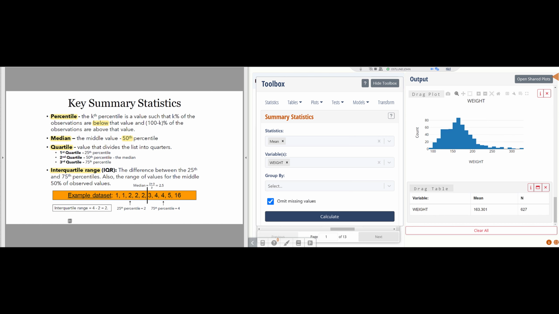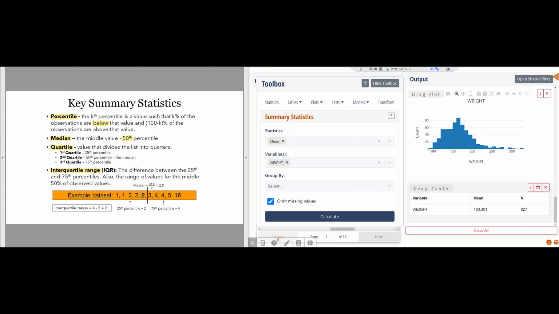that vicinity. As a much simpler example, let's suppose that we have this example data set, maybe of scores on a quiz or something like that. If we sort the scores and display them, we have 1, 1, 2, 2, 2, 3, 4, 4, 5, 6. So there are a total of 10 scores. The median, when you have an even number of values, is halfway between the middle two.